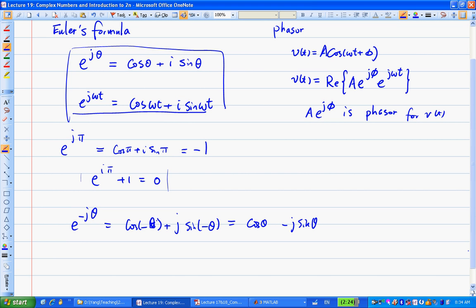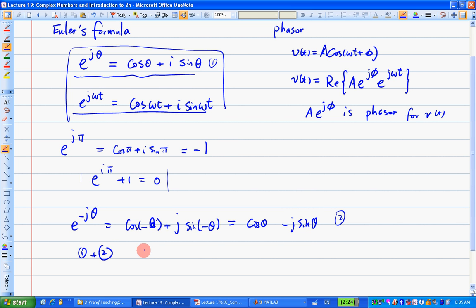Okay, so now I'm going to do this. Here is e to the power of j theta, and this is e to the power of negative j theta. I'm going to add these two together. If I add equation 1 and 2, I have cosine theta plus cosine theta, and the positive sine plus the negative sine cancel, right?